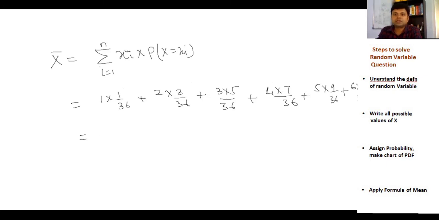You do the calculation and find the answer. So the answer will be 161 by 36. This is the mean of that random variable.